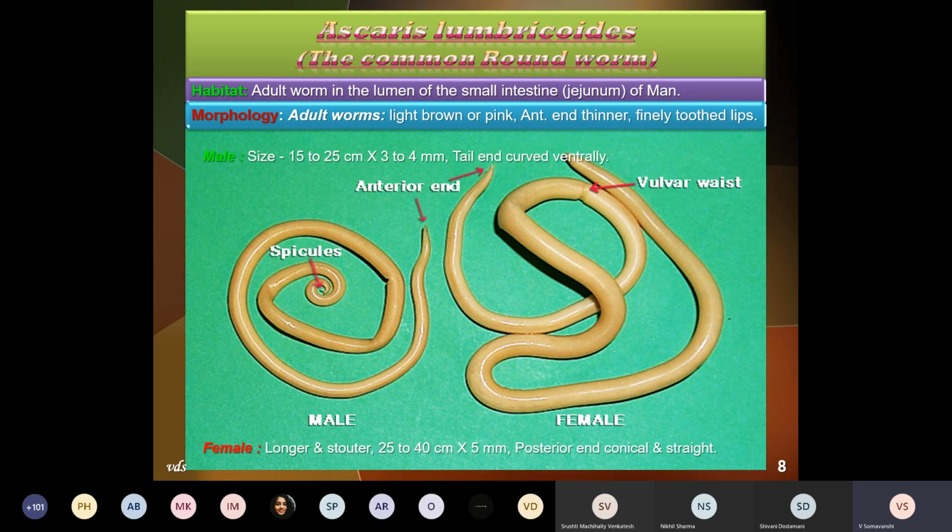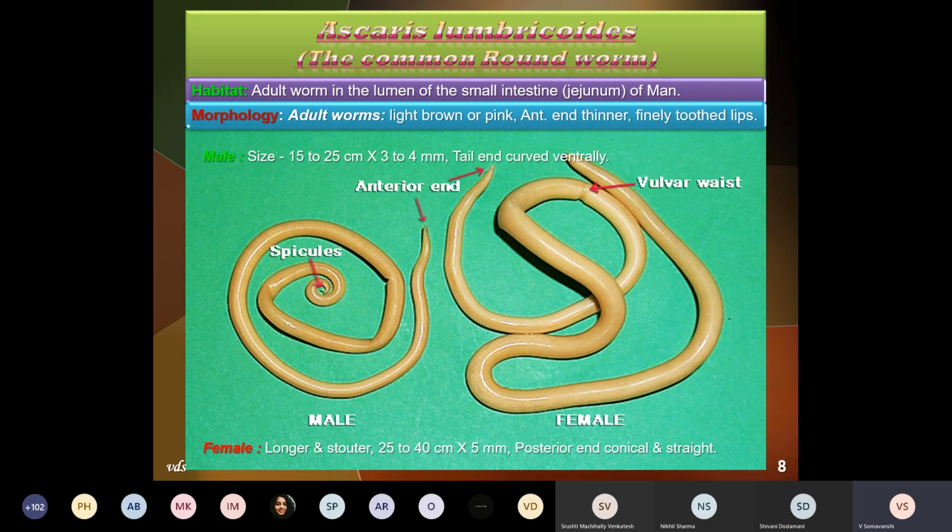In the diagram, you can see the anterior portion of the male and the female parasite. This anterior end comprises the mouth, which is surrounded by finely toothed lips. There are 3 lips, one on the dorsal surface and 2 on the ventral surface, present in both male and female parasites.